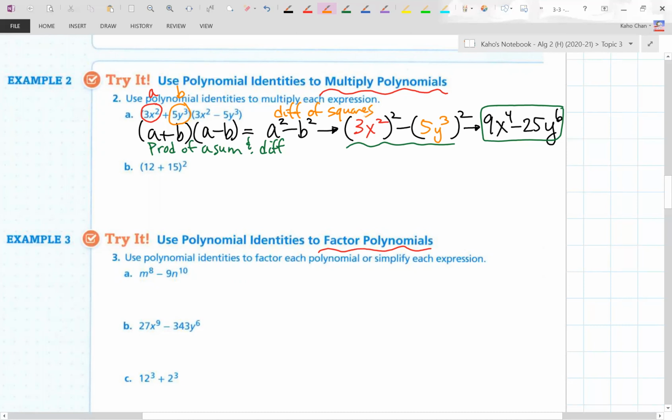All right. Number 2b, we have 12 plus 15. Okay. We'll see this as a product of a sum.